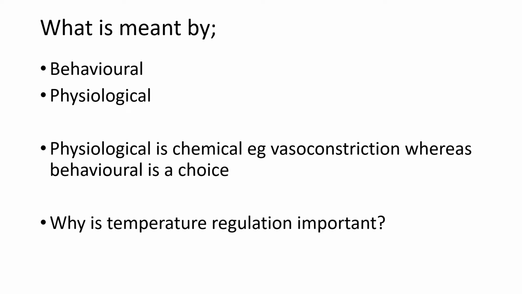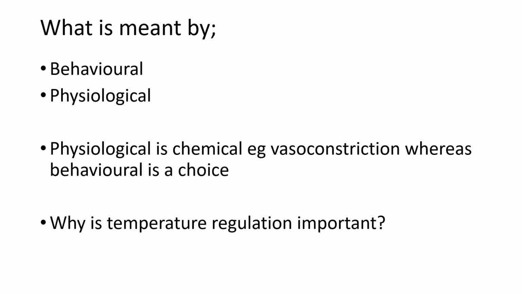So the next question, why is temperature regulation important? You should remember that generally from doing the enzymes topic, but you should remember that from last lesson as well, because all of your metabolic reactions are enzyme controlled. Now, metabolism is the word we use for all the chemical reactions that happen in your body. They can be broken into anabolic and catabolic.